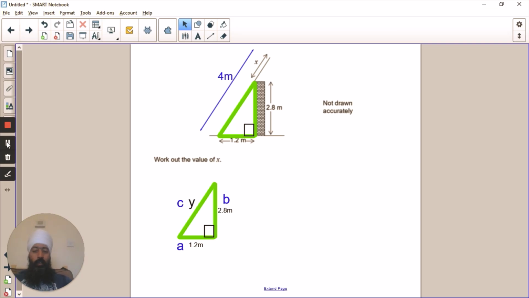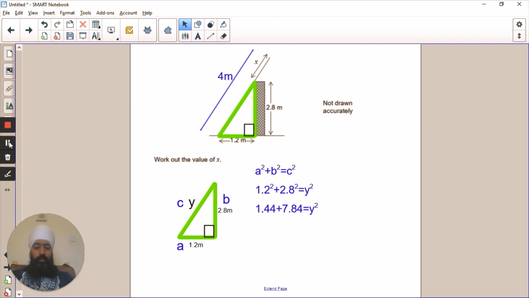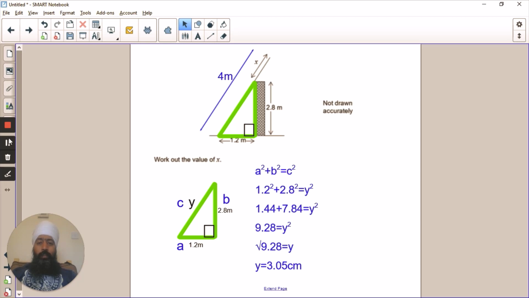Okay, just like that. And don't forget the largest side is always C, which is opposite the right angle. Okay, so let's work out what Y is equal to. My first step would be to write out Pythagoras Theorem, substitute the values of A, B, and C into that formula. Right, work out the values of the squares, add those squares together, square root your value, and don't forget the length is in meters as a unit.